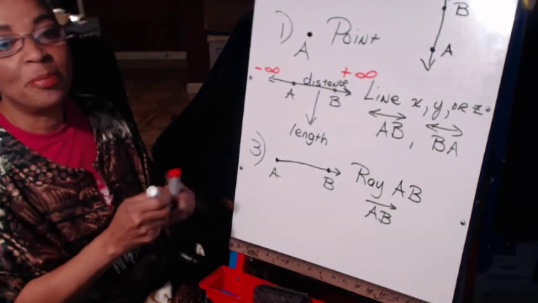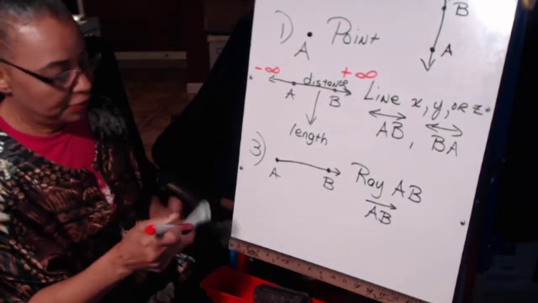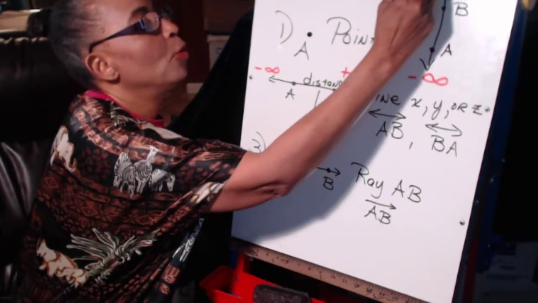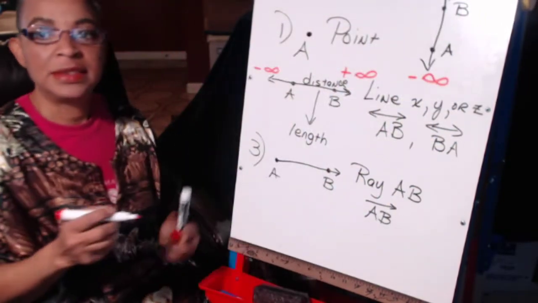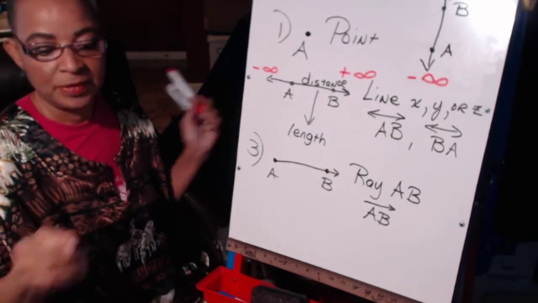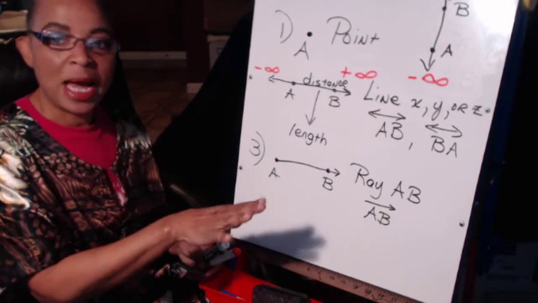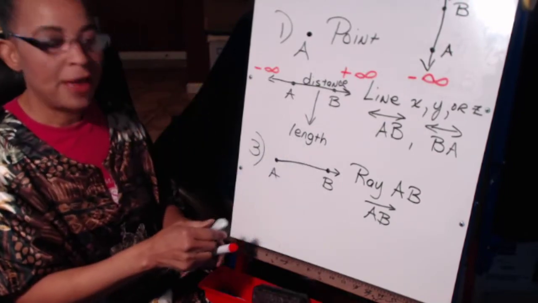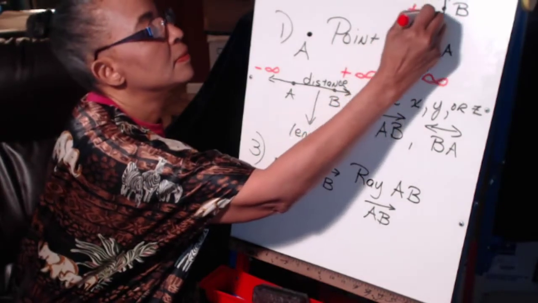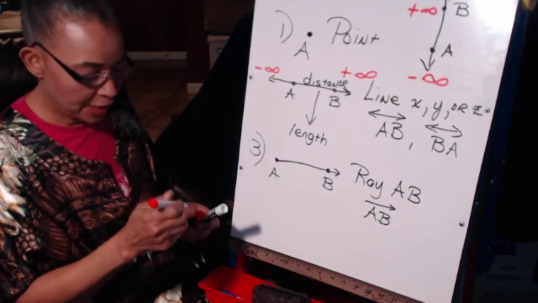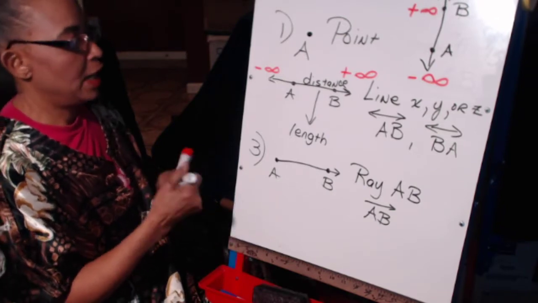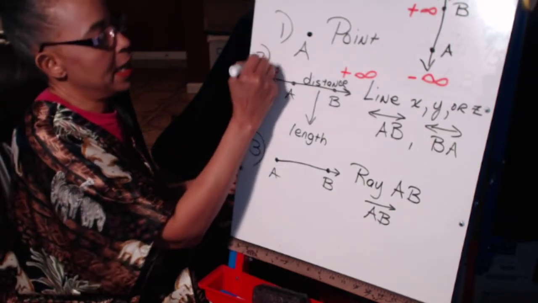And then on the bottom, we have negative infinity. And on the top, we have positive infinity. So that's basically on the bottom we have negative and up top we have positive infinity.